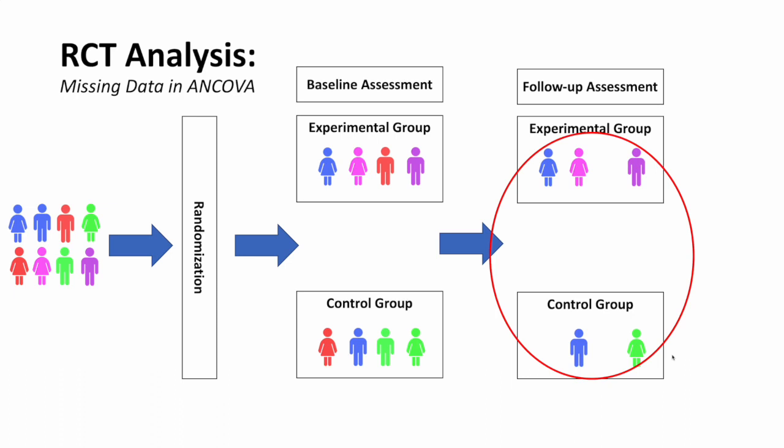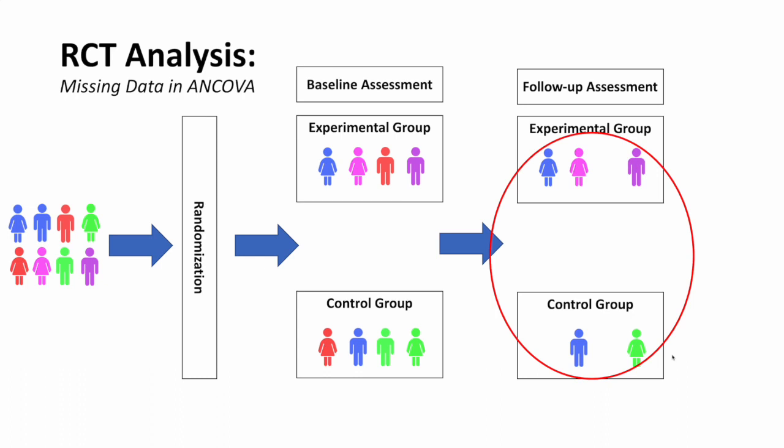Now, there are several different types of imputation that we can do within an ANCOVA model. One would be something like a multiple imputation. A multiple imputation is a little bit beyond the scope of what we're going to be talking about here today, but you can run that in R as well.